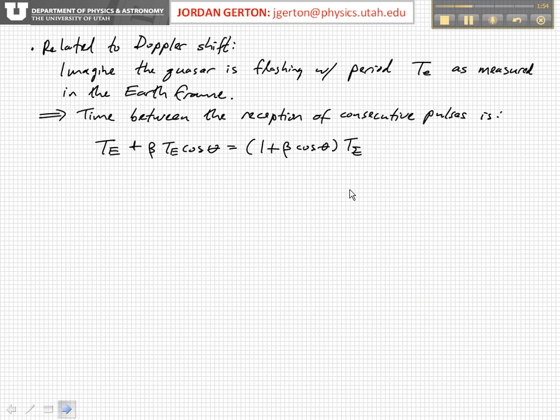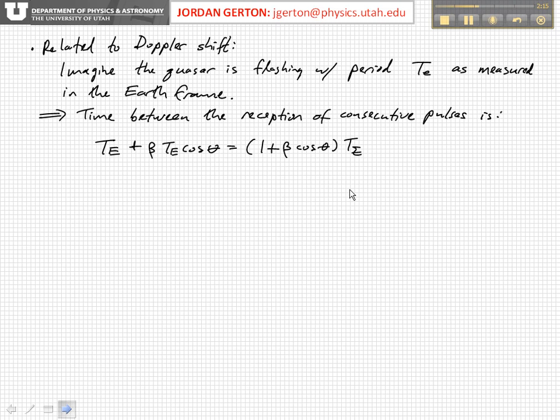So now let's imagine that this quasar is flashing with a period T_E as measured in the Earth frame. That is, this is not the Doppler shifted.